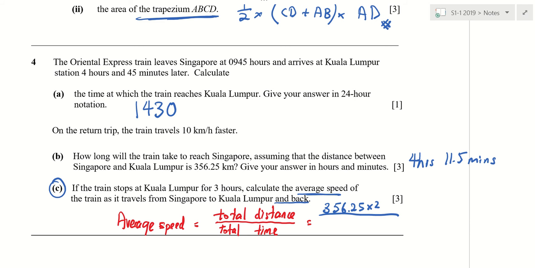Now, next part of the question, total time. Do you know from Singapore to KL, how long does it take? I'm not asking you based on your driving speed. I'm asking you based on this question. 4 hours, 45 minutes.